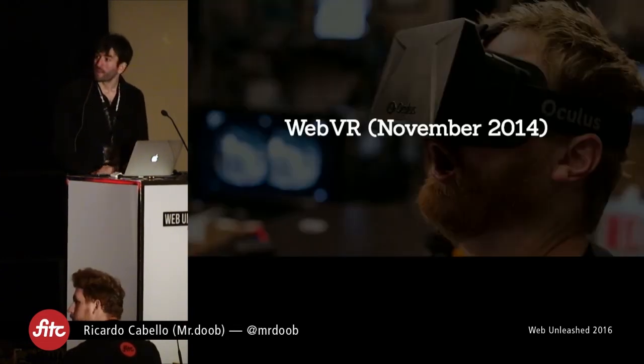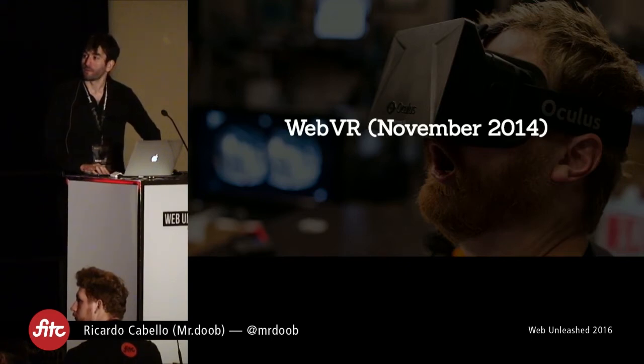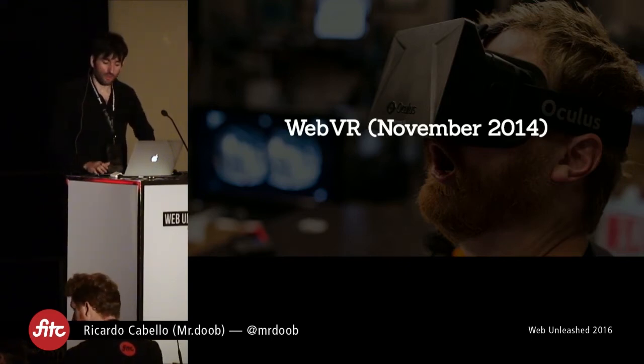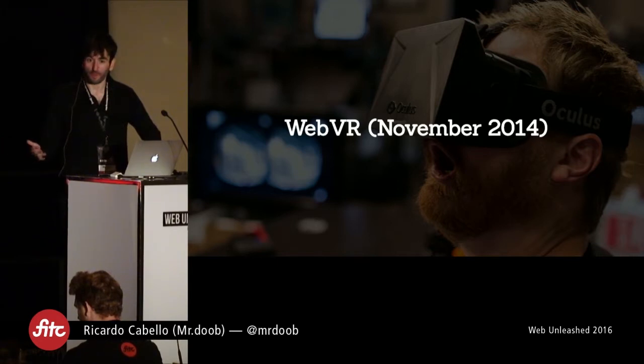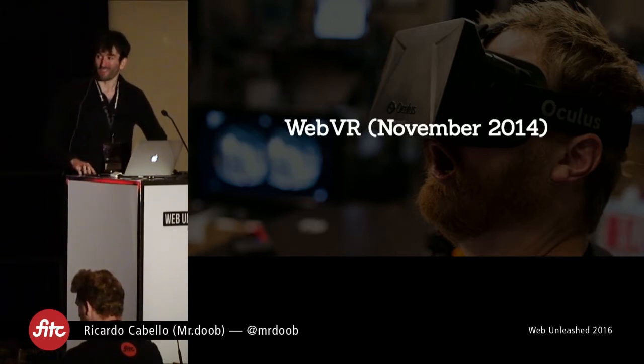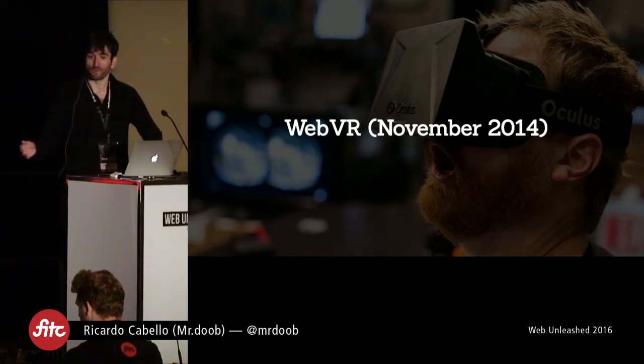So in the same year, people at Mozilla were working on trying to get this problem solved. They said: okay, we are not going to hack the device orientation API because it's not for this, and it's very difficult to support all the devices that were going to be released, because every device has a different distortion, and you'd have to do the distortion yourself in JavaScript.